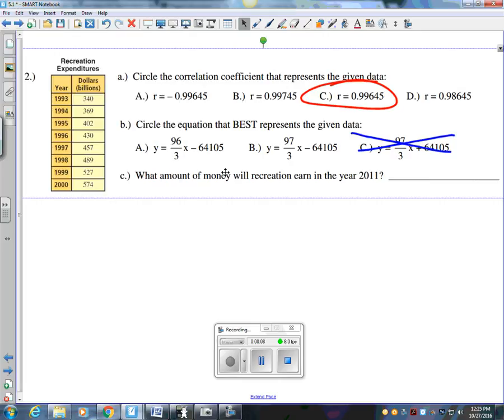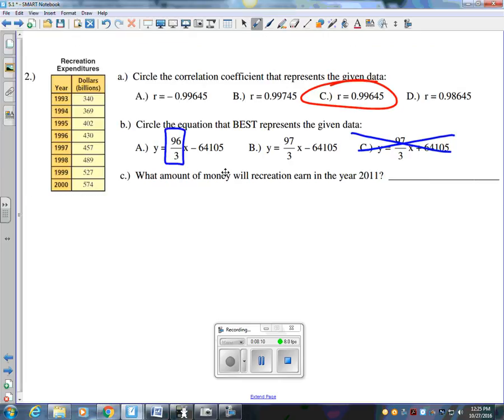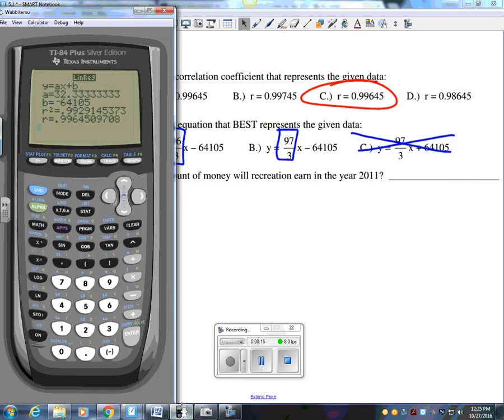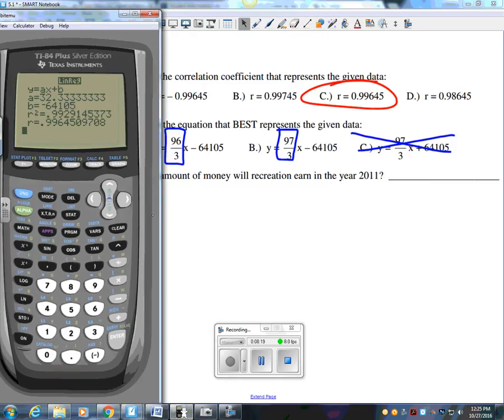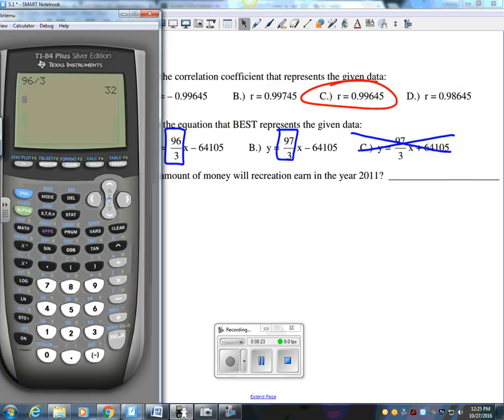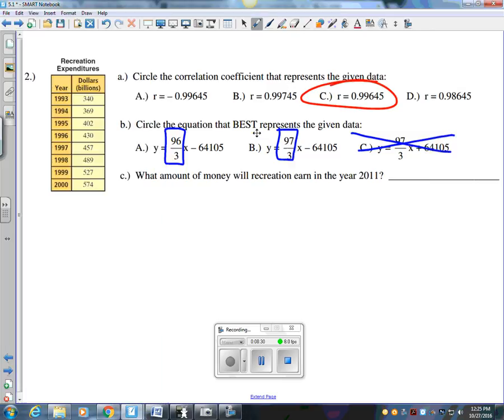We have fractions, so we have to figure out which one of these fractions is 32.3. On the main screen of the calculator, I could type in 96 divided by 3. Do you get 32.3? Nope. If you type in 97 divided by 3, you get 32.3. So B is the best answer.